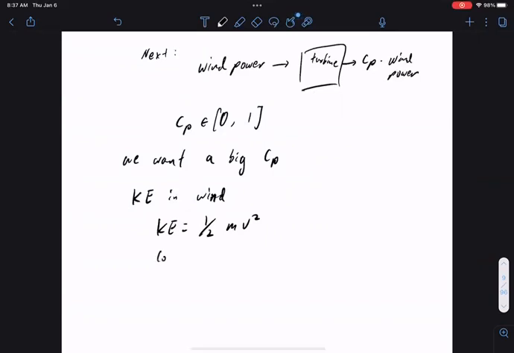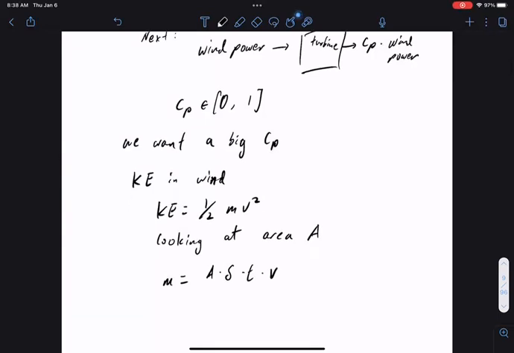We're always looking at a cross-sectional area A; the turbine blades trace out a circular area A. The amount of mass you can move through this area in a certain amount of time is given by the area multiplied by the density, how much stuff you have, multiplied by time, multiplied by speed.